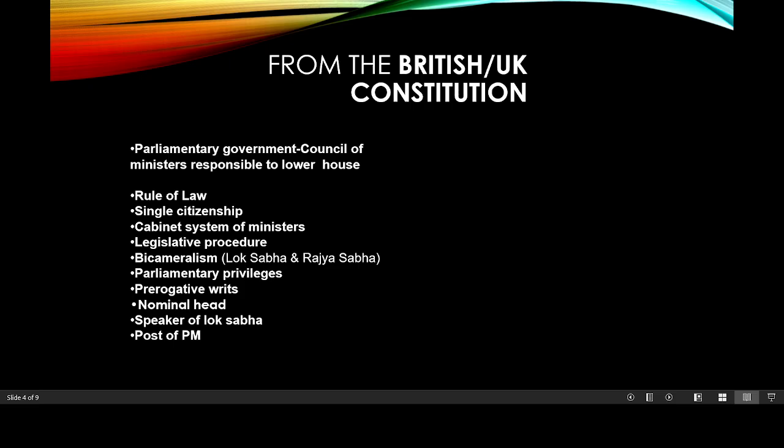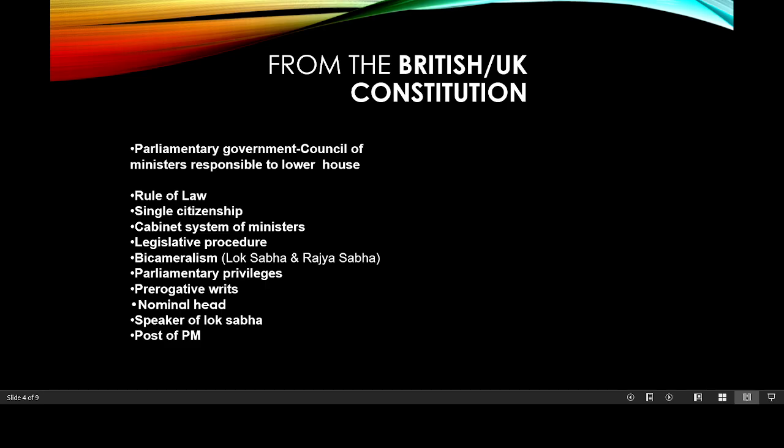All the power is vested in the prime minister, not in the head of the state. Then the Speaker of Lok Sabha and the post of PM. These two are also very important. The article for the Speaker of Lok Sabha is 93, and the PM article is 75.